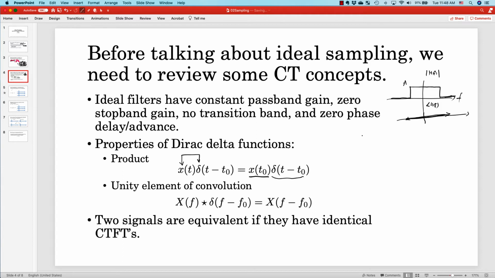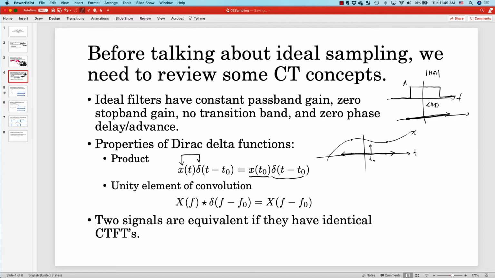The picture that I have in my mind when I do this is I picture an arbitrary x function, and then I pick a delta function at some t naught, and I also tend to draw the fact that that delta function is actually 0 everywhere else. That helps me remember that when I multiply this by that, I get 0.